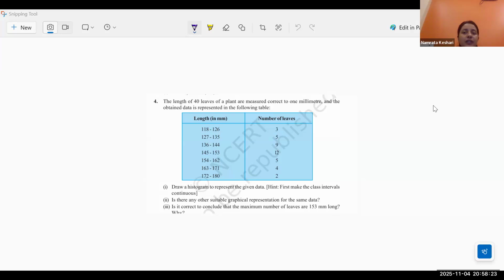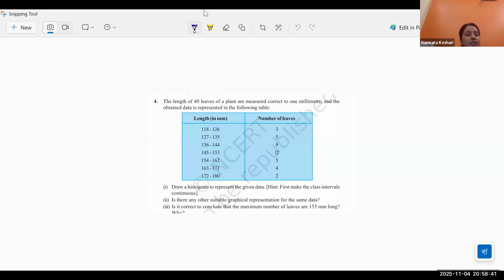So basically the obtained data is in millimeter. Length is given, number of leaves are given. Draw a histogram to represent the given data. So first of all, we have to draw the histogram over here.